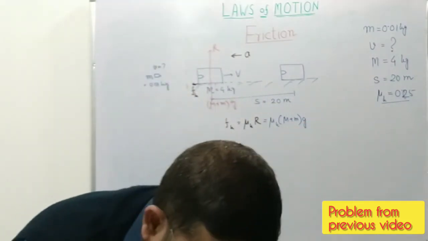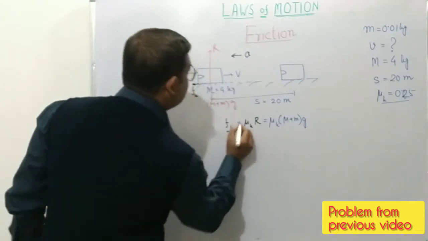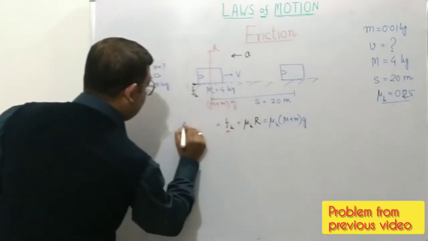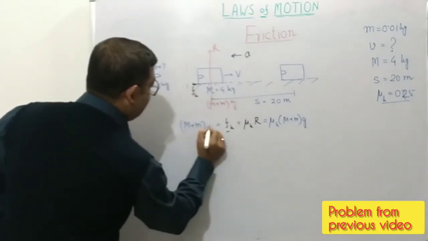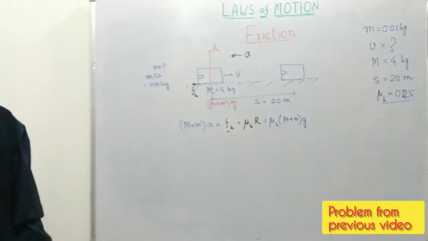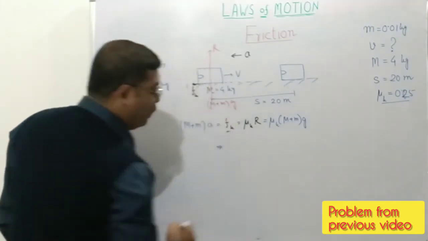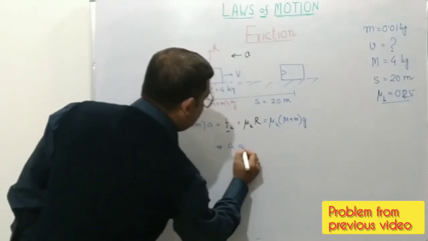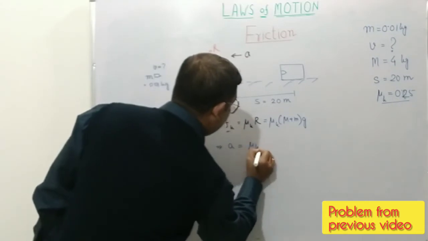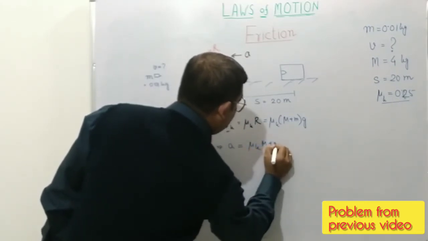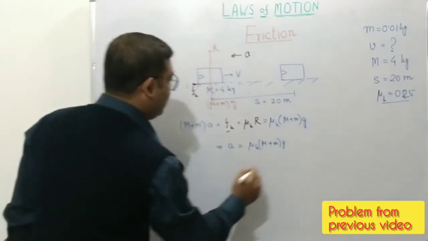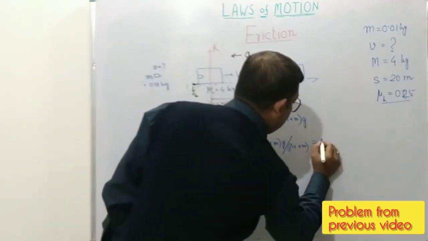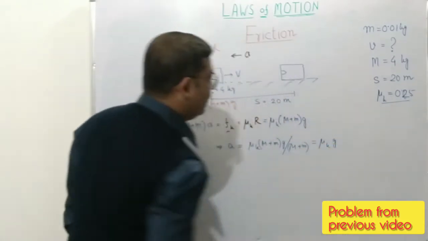However, this particular force of friction, as we said, has produced the acceleration a in the system. So this must be equal to M plus small m into the acceleration that is produced, from which we can solve and find a, which will be equal to mu k into M plus small m into g, whole thing divided by M plus small m, that is equal to mu k into g.